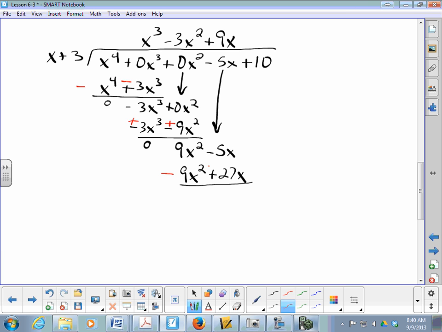Change the signs. Negative 5x minus 27x is negative 32x. And then we bring down the next term. This is fun, huh?